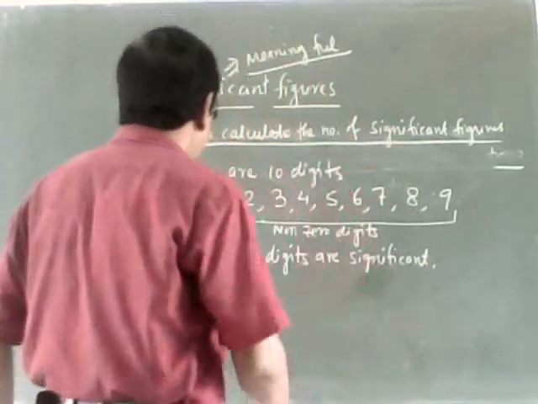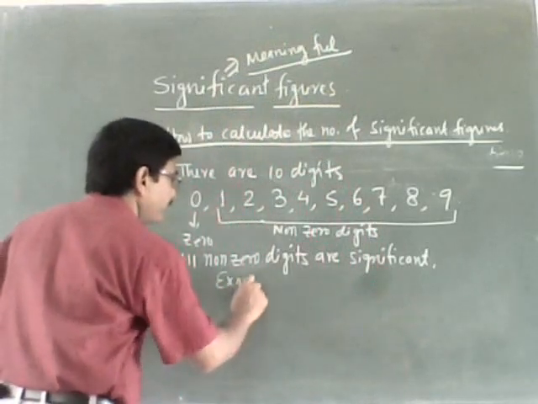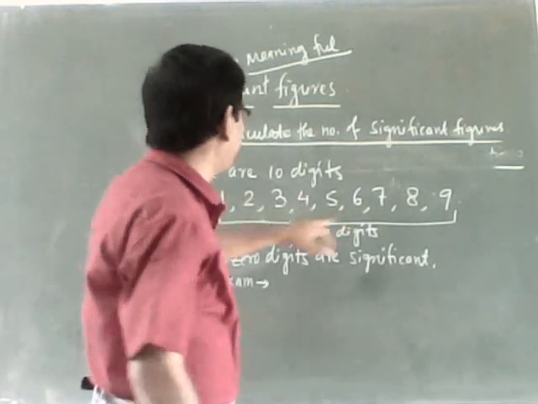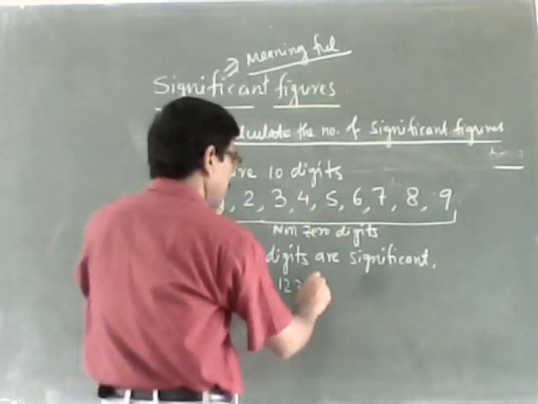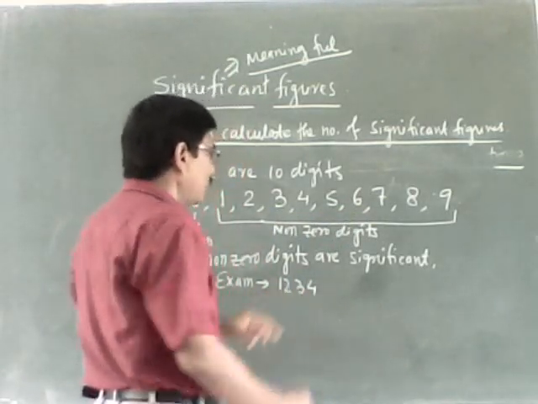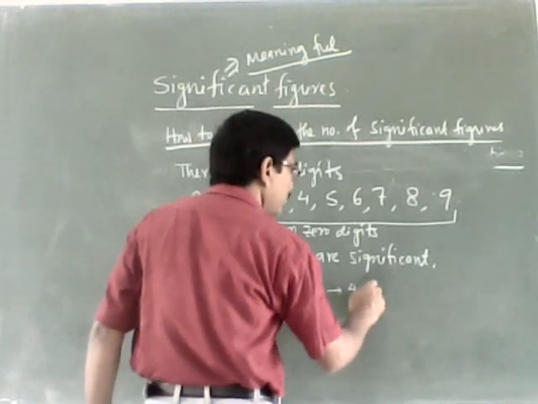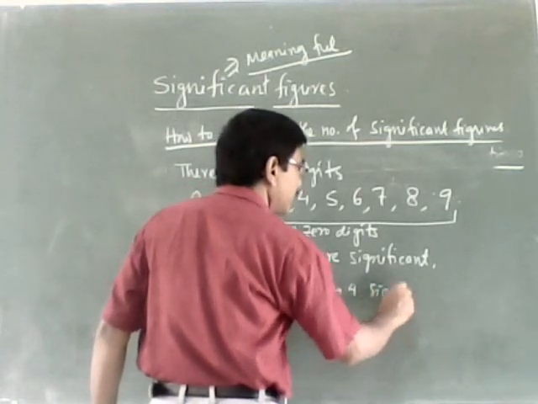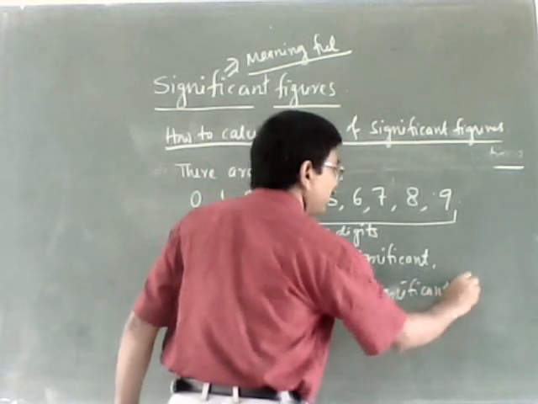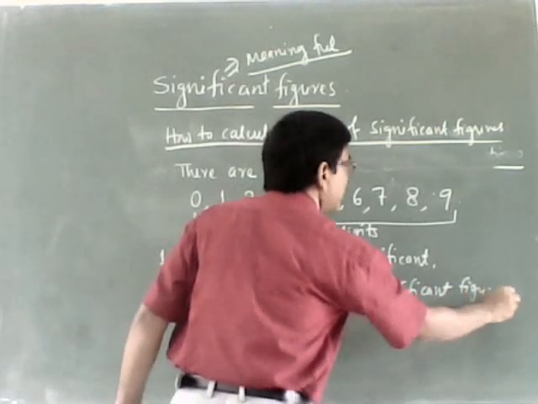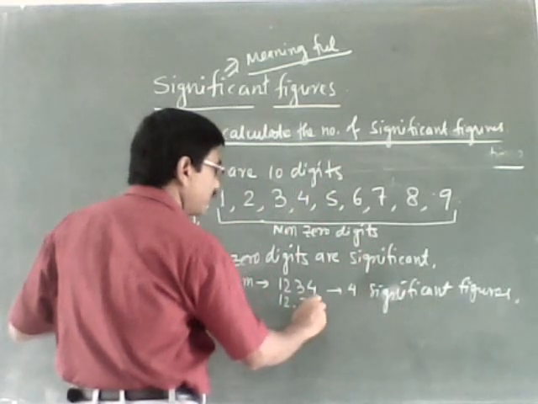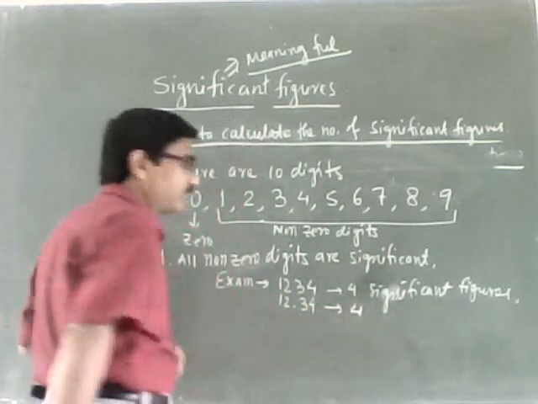So for example, suppose 1, 2, 3, 4. How many significant figures are there? 1, 2, 3, 4. So 4 significant figures. Suppose this is written as 12.34, then also the number of significant figures is 4.